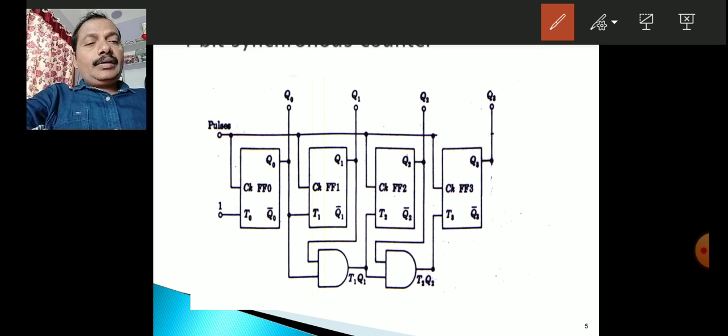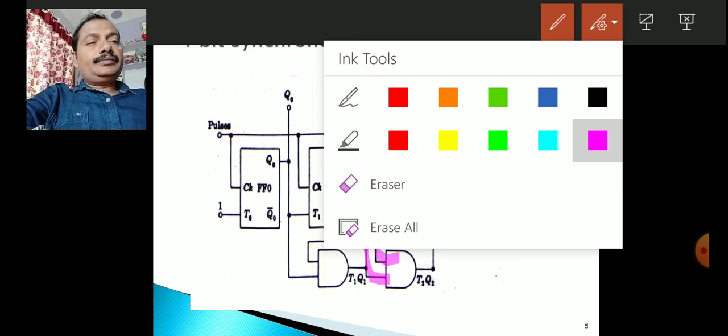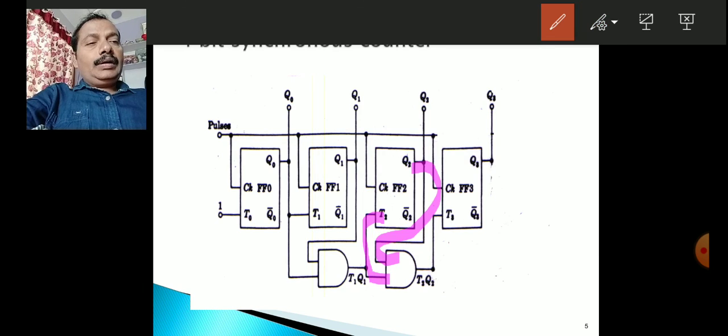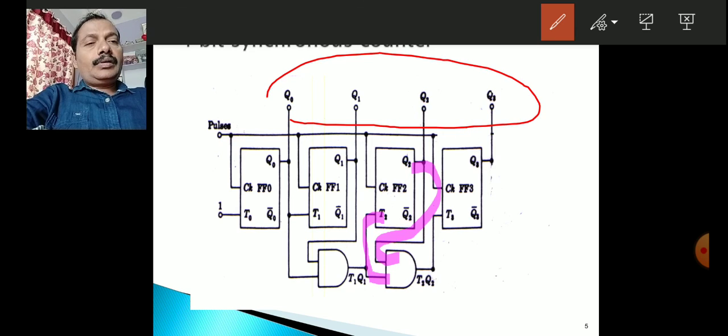Similarly for T3, observe here, T3 is T2 and Q2, like this. Like this you have to connect. So these are the outputs Q0, Q1, Q2, Q3.